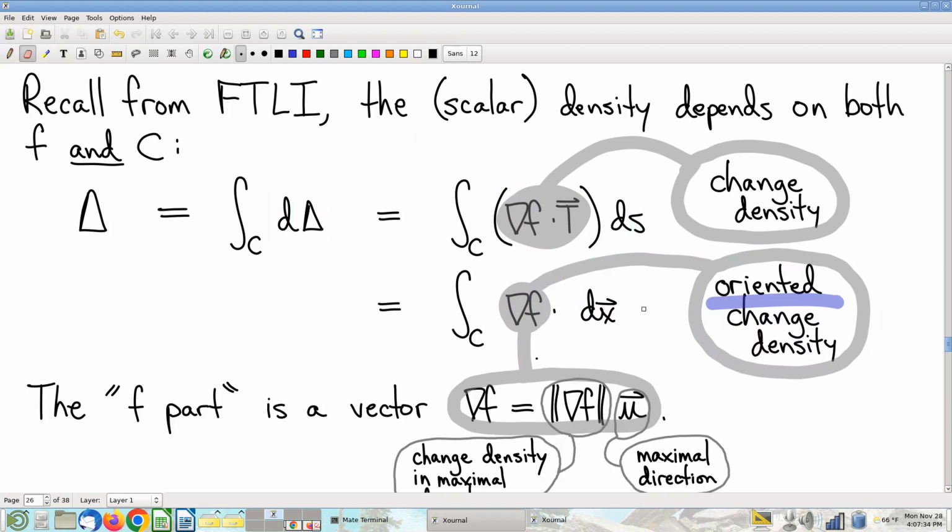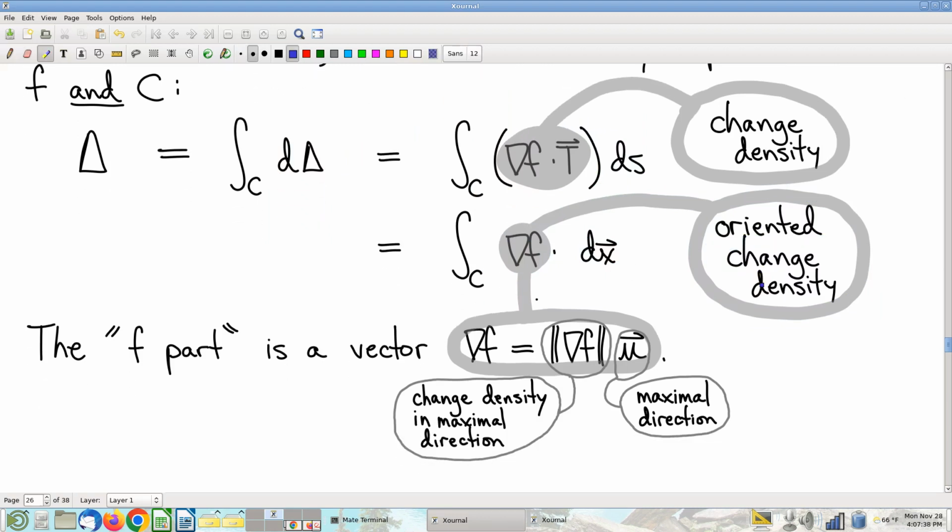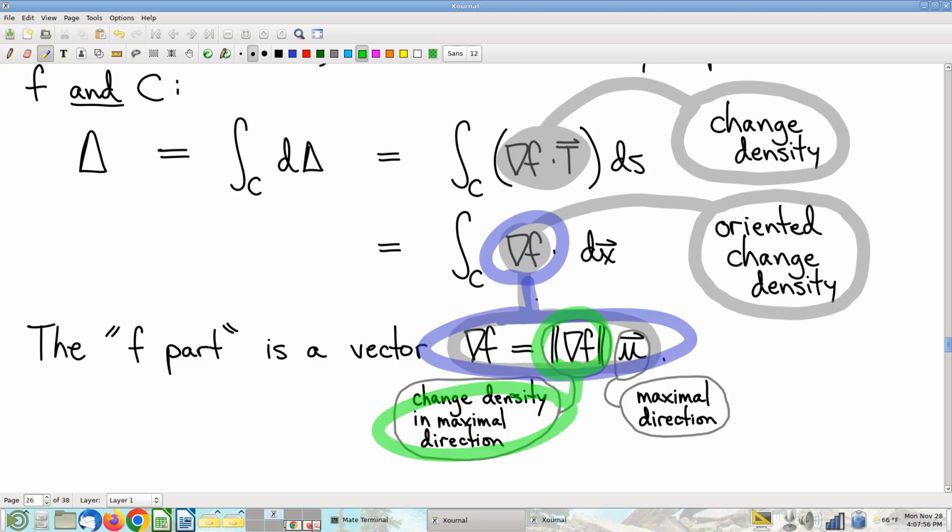And then, now let me further remind you, and this goes back to chapter 2, the gradient vector. Conveniently, our oriented density is a familiar object. It's our old friend, the gradient vector. We can break that down, and just remember from chapter 2, we already know stuff about the gradient vector. The magnitude is telling you how steep the hill is. Now, keep in mind, I'm not walking up the hill. Uphill maybe is that way. I'm not going to walk straight up the hill. I'm going to zigzag. I'm going to do switchbacks.